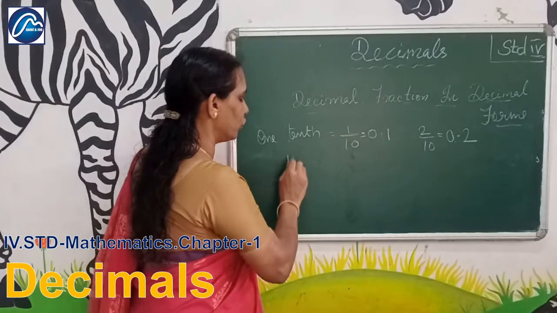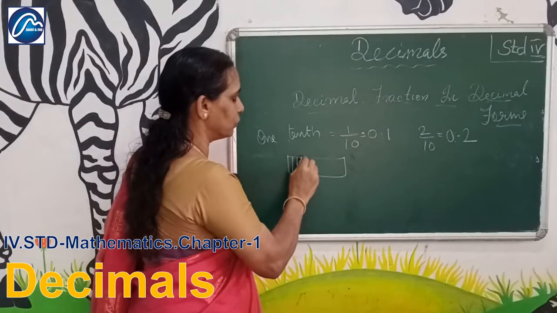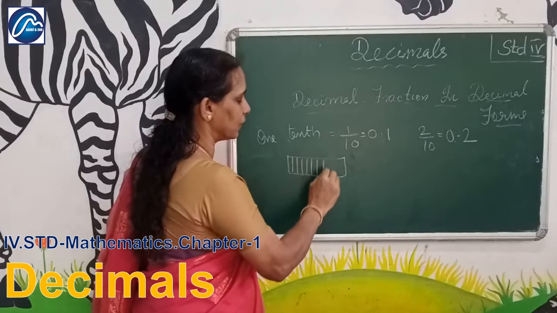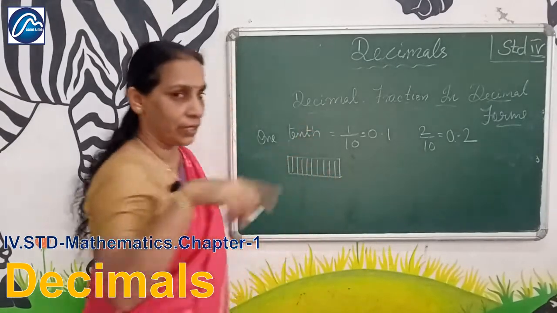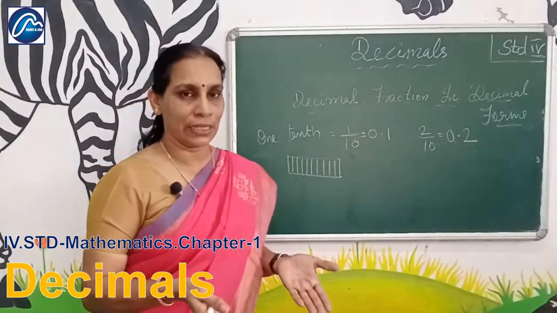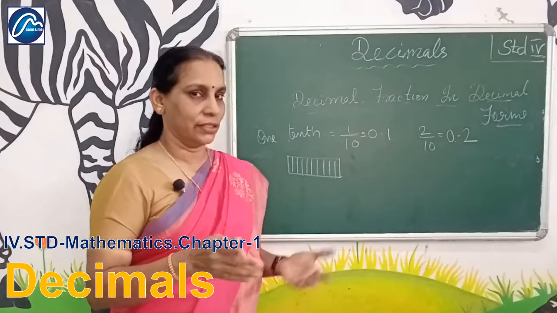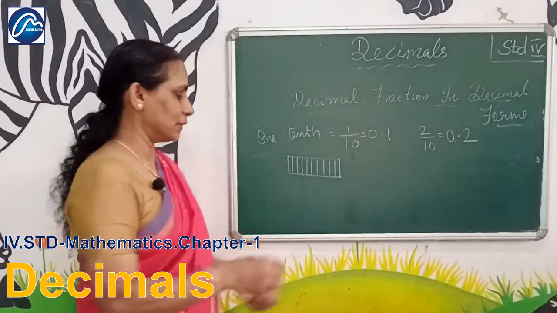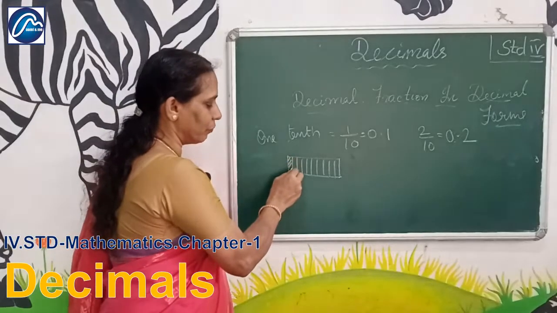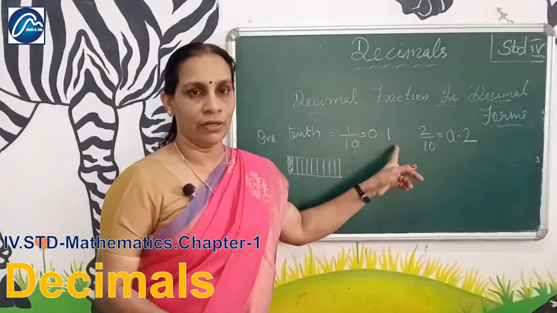This I will show you as a fraction: 1, 2, 3, 4, 5, 6, 7, 8, 9. If we cut one thing with 9 cuts, you will get 10 pieces. So this is how it makes 10 pieces, and one portion of this is shown here, 1/10 or 0.1.